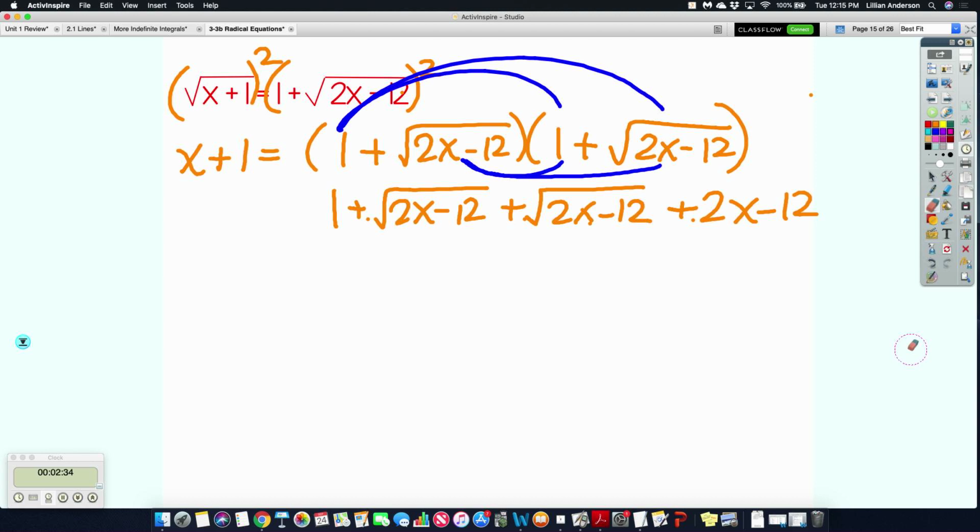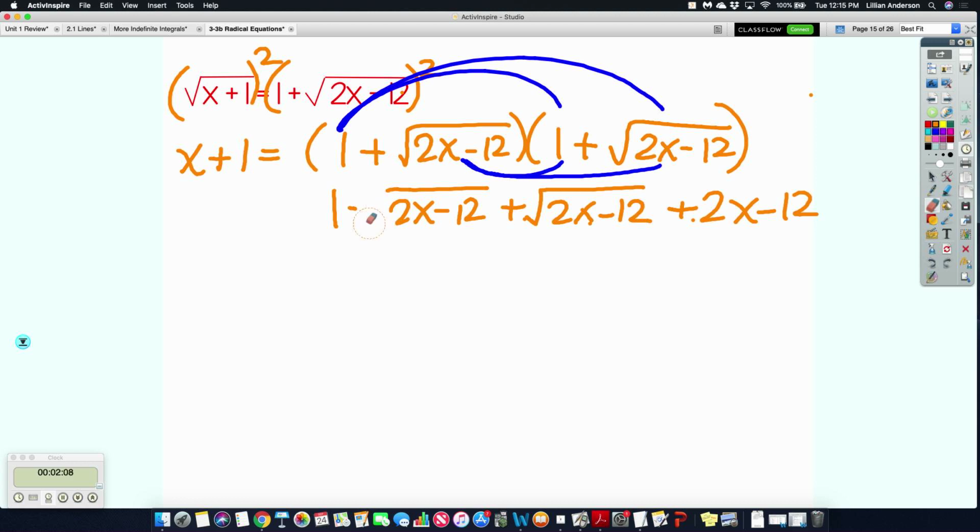So, we need to combine like terms here. Square root of 2x minus 12 plus the square root of 2x minus 12. The only way to add radicals is if they're alike, which they are. And it becomes what? No, not 4x minus 24. You just add the numbers on the outside of the radical.